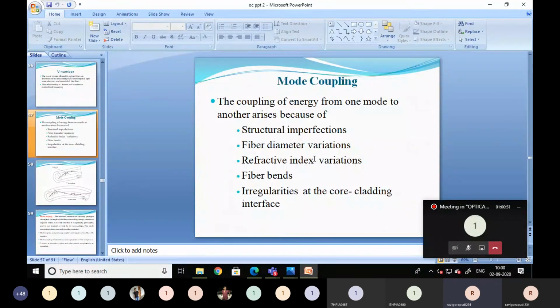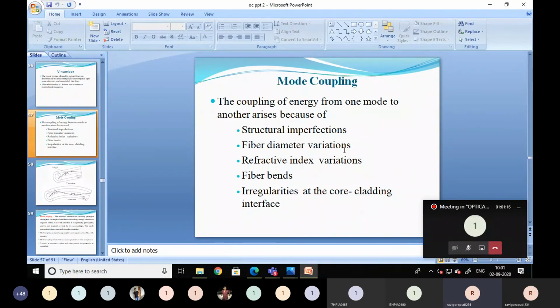The mode coupling arises because of structural imperfections. If the structure of the fiber is not perfect, there may be some radiation of the light. Then fiber diameter variation: if the diameter of the core is the same for the entire fiber, there are no irregularities.